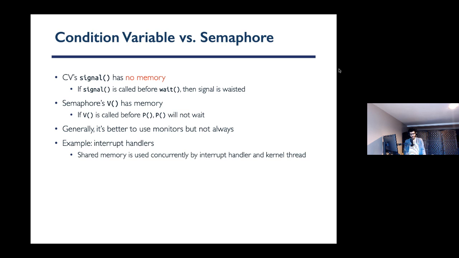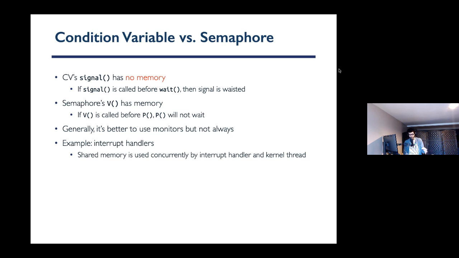Now, there are some situations where we don't have any other options but to use semaphores, and that pretty much describes why we have semaphores in the Linux kernel. So this is one example where condition variables don't make much sense to be used.